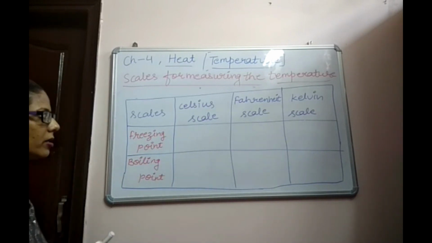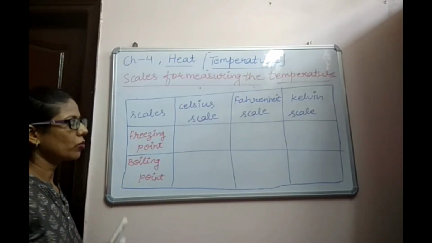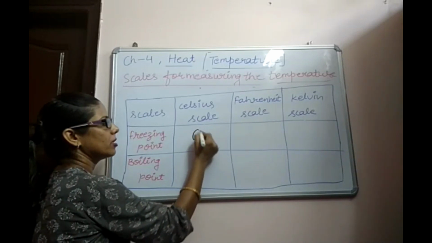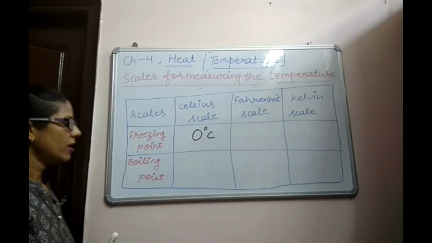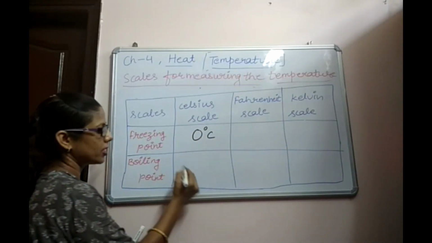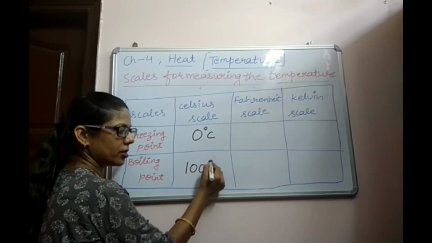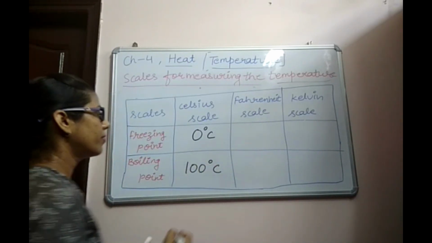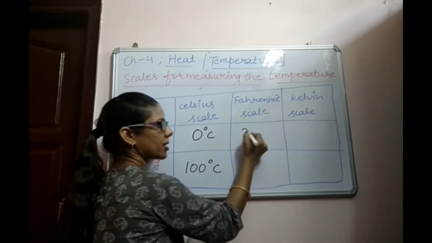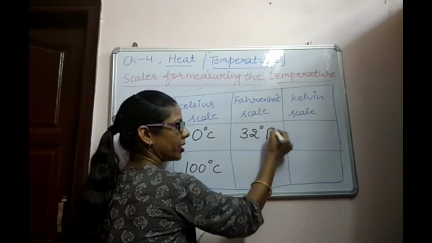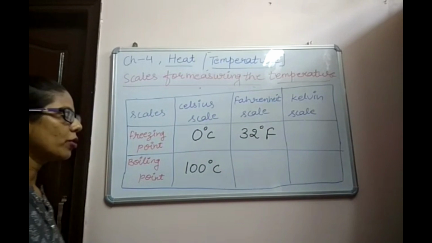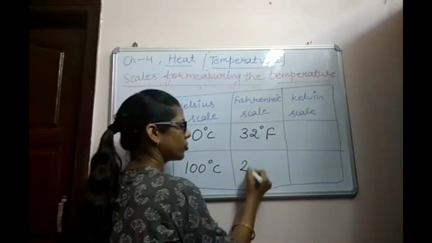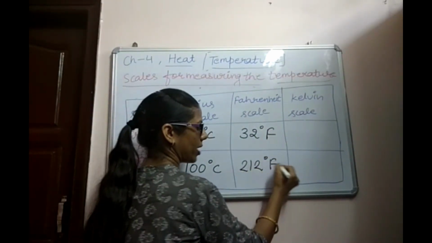As we have learned, the freezing point of water on the Celsius scale is 0 degree Celsius, and the boiling point is 100 degree Celsius. On the Fahrenheit scale, the freezing point is 32 degree Fahrenheit and the boiling point is 212 degree Fahrenheit.